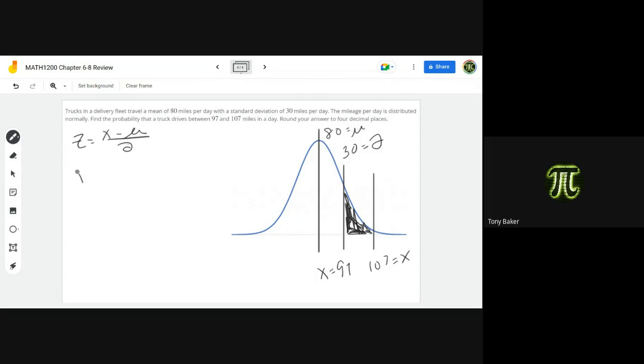So in this case, I've got z equals 97 minus 80 over 30, and 107 minus 80 over 30. So you should get 0.57 and 0.90.